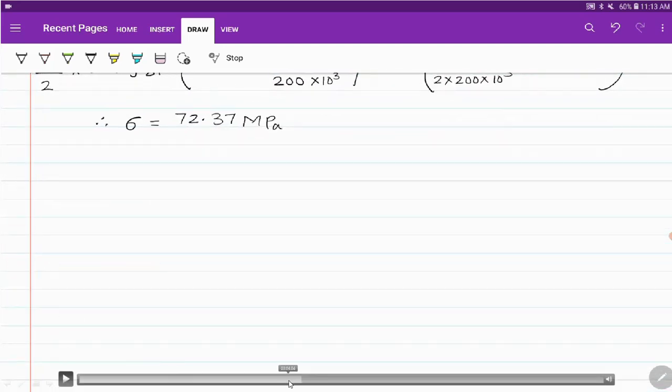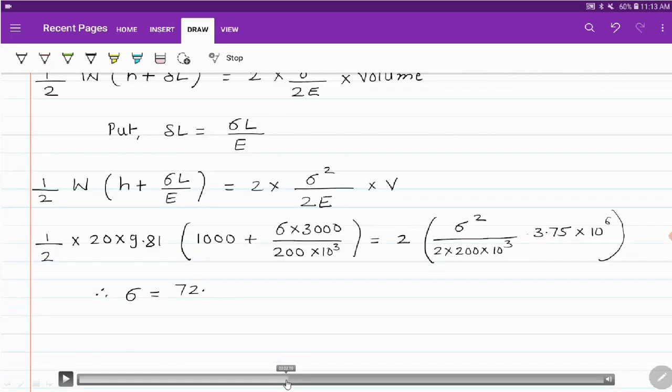Let us first see what will happen over here. What you can do is take 3.75 into 10 raised to 6. These two and these two will get cancelled out. So 3.75 into 10 raised to 6 divided by 200 into 10 raised to 3 into sigma square is your first term.